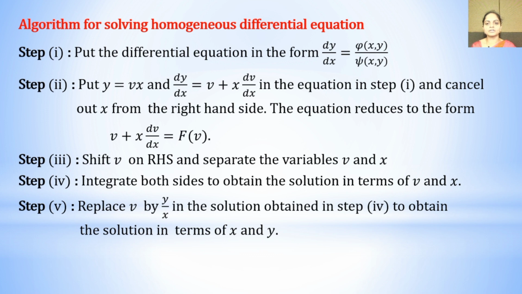After substitution, we write the given differential equation in variable separable form. On integrating, we get the general solution in terms of v and x. Next, we resubstitute the value of v, which is y upon x, in the solution. We get the solution in terms of x and y.